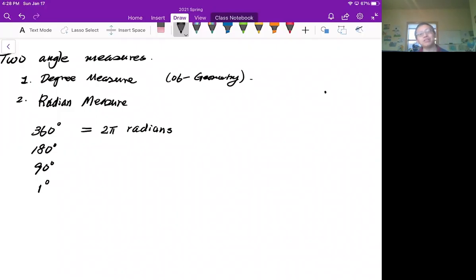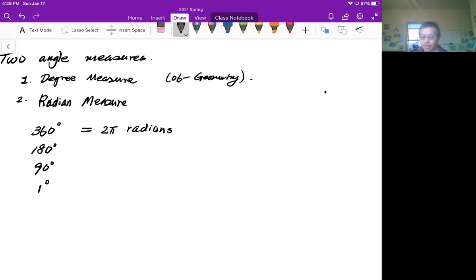You can say 360 degrees, 180 degrees, but I could introduce a different measure, where the unit is called radians. So 2 pi radians just means a complete revolution, a whole complete circle. That angle, I'm going to call 2 pi radians. You might wonder, why do we need that?